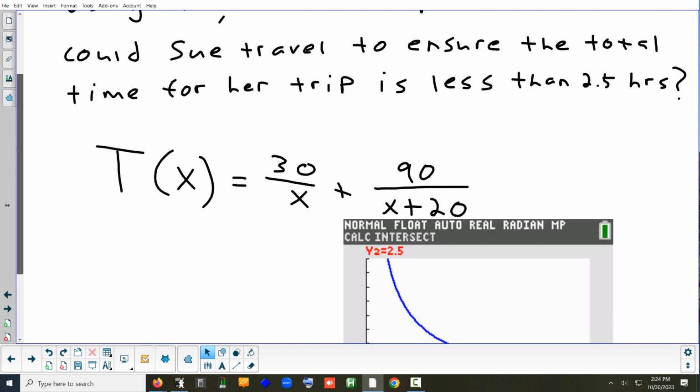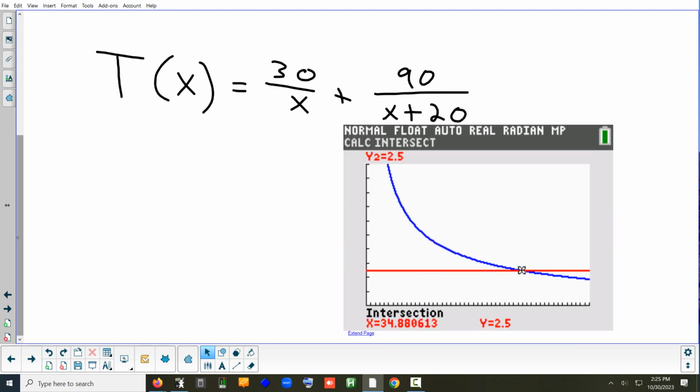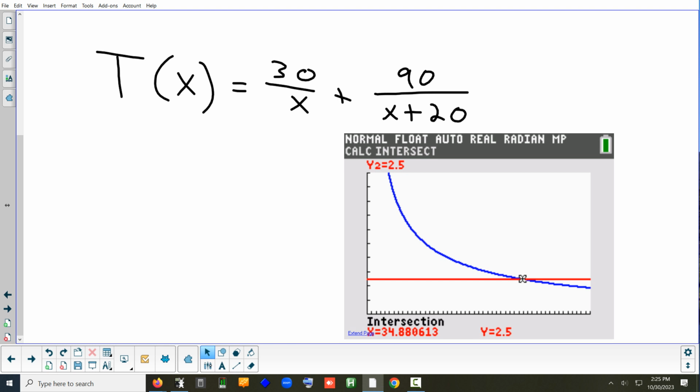It says she has to complete it in 2.5 hours or less. So what does that mean her speed could be? Less than 34.88. So she could go like a half a mile an hour? Has to be more, right? So she has to travel at that speed or faster.